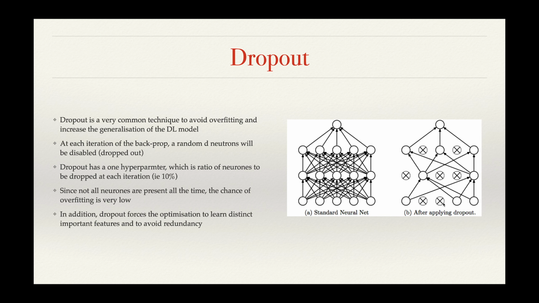During the training, we are telling the network that not all information is always available. So sometimes some features would be missing, and in this case, the neuron would try to be smarter and extract more general, more distinct features from the inputs that can be used to decide whether it's a cat or dog or whatever.